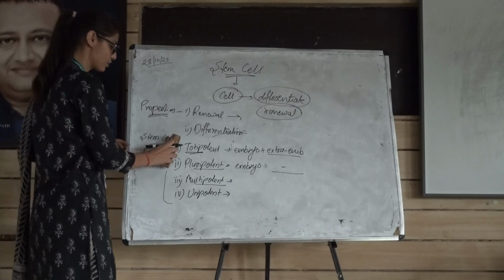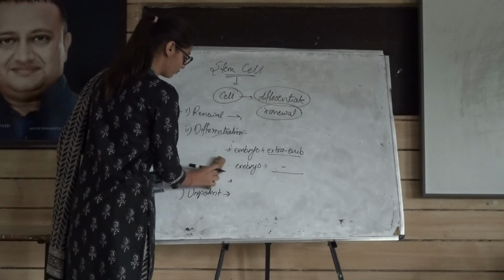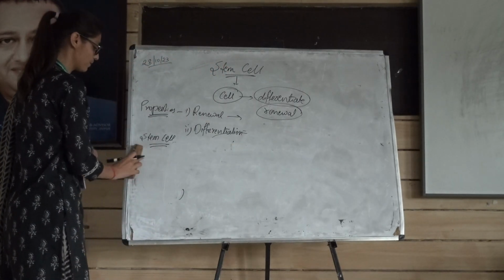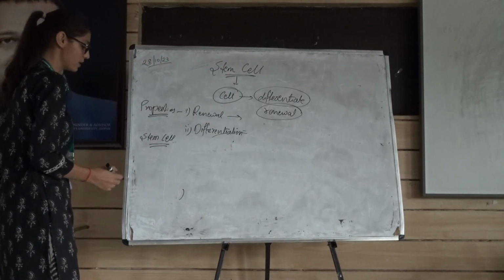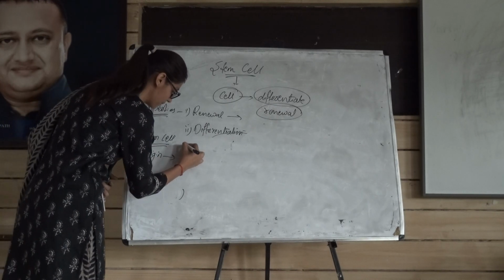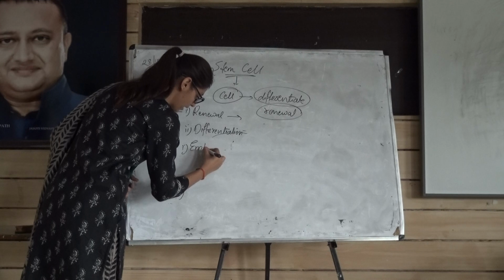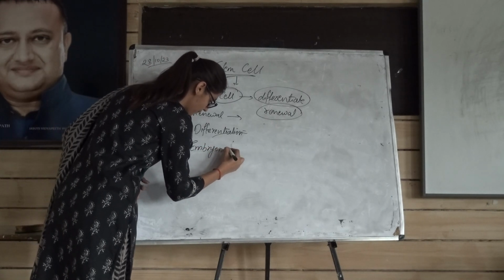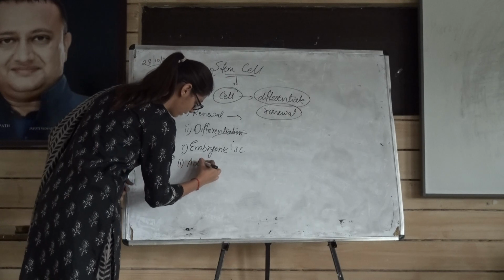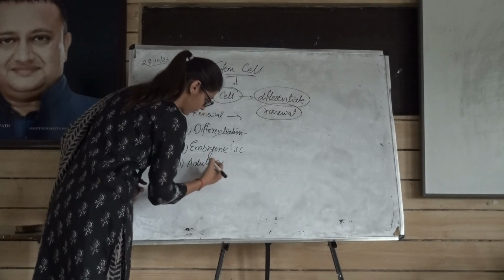The second classification depends upon the origin from where they originate. On the basis of origin, stem cells are again 2 types. One is the embryonic stem cell, while the second one is the adult stem cell.